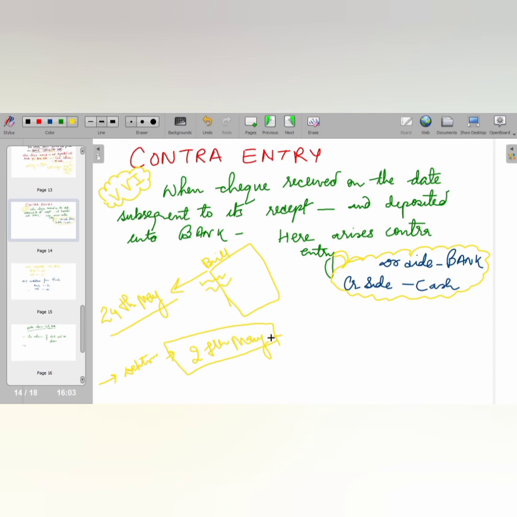So now I am receiving this money and now I am going to the bank to deposit the amount, okay. Here the case of contra entry starts, okay. Contra entry starts.